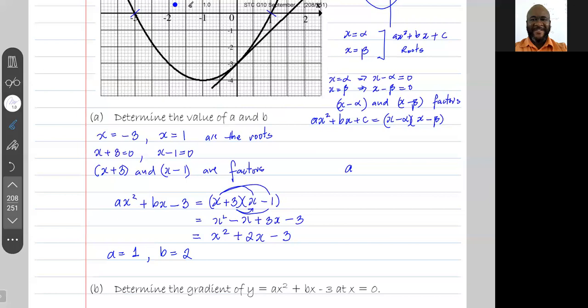Once I have the quadratic expression, I can equate coefficients. On the left, the number in front of x squared is a. On the right, the number in front of x squared is 1. So a is equal to 1. On the left, the number in front of x is b. On the right, the number in front of x is 2. So b is equal to 2.